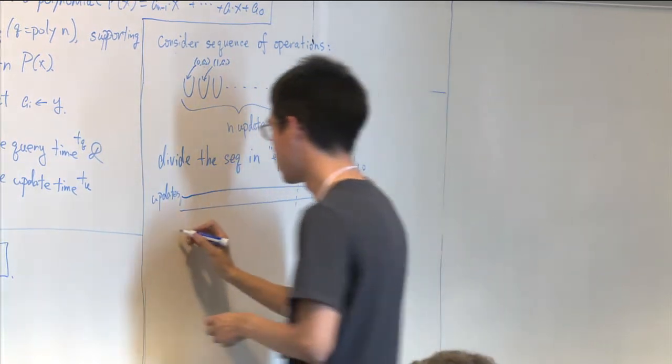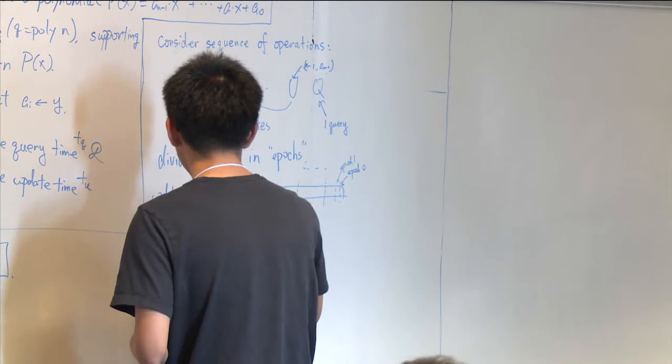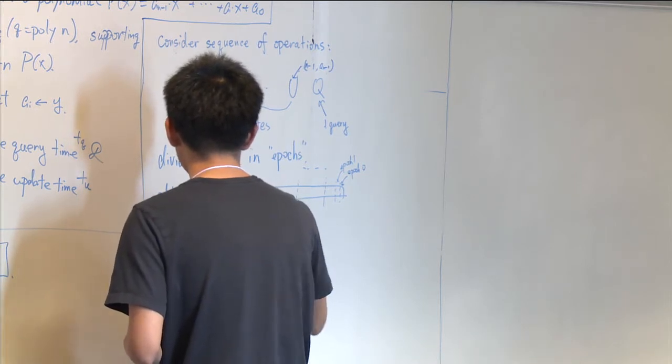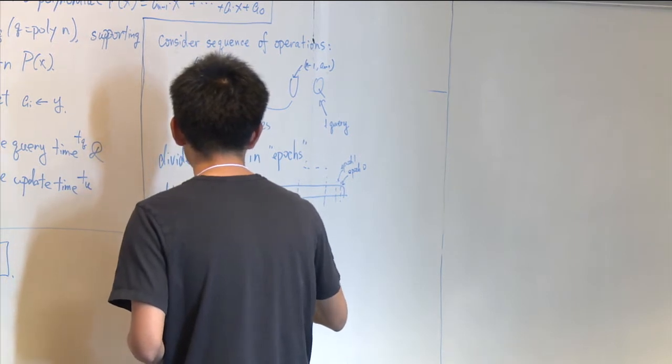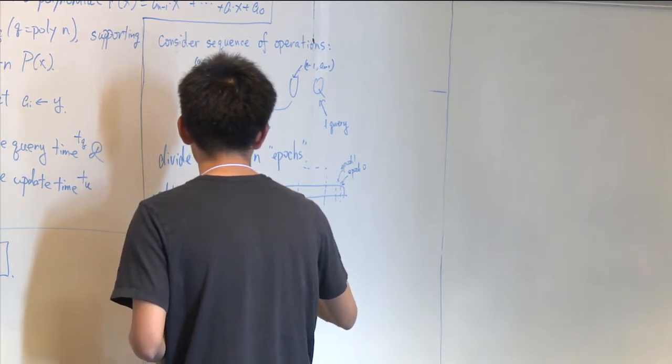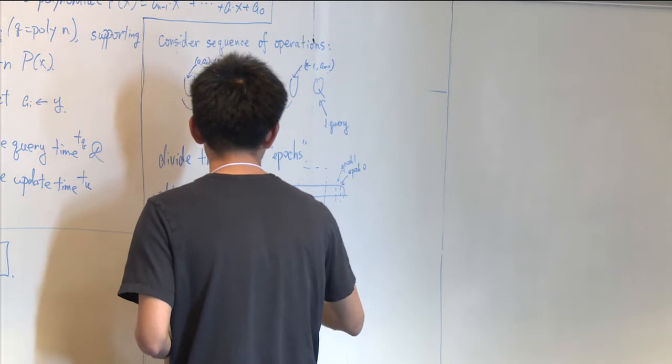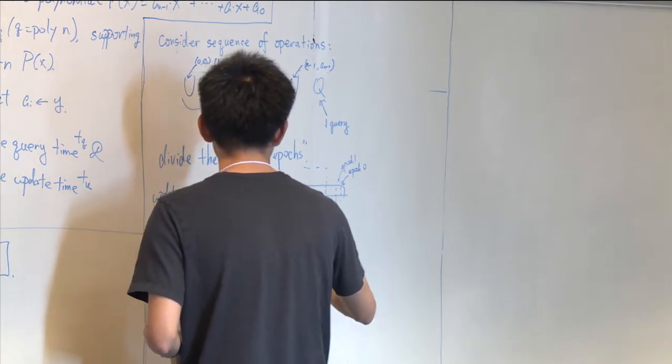Such that epoch i will have about, let's say, equal to beta to the i updates.